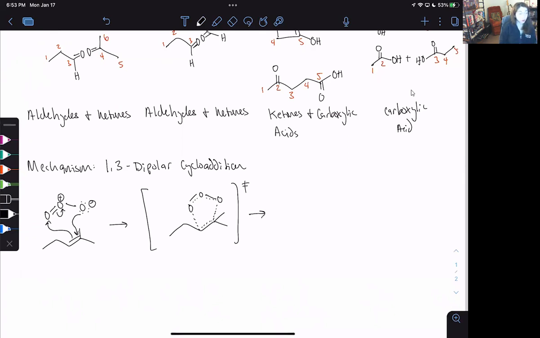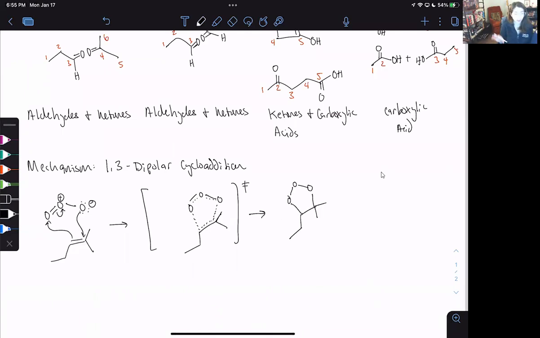So if we follow those electrons to see what we actually got out, I'm going to draw it down here. Okay, I'm going to fix the transition state so that it's on the other side and not looking as dumb.